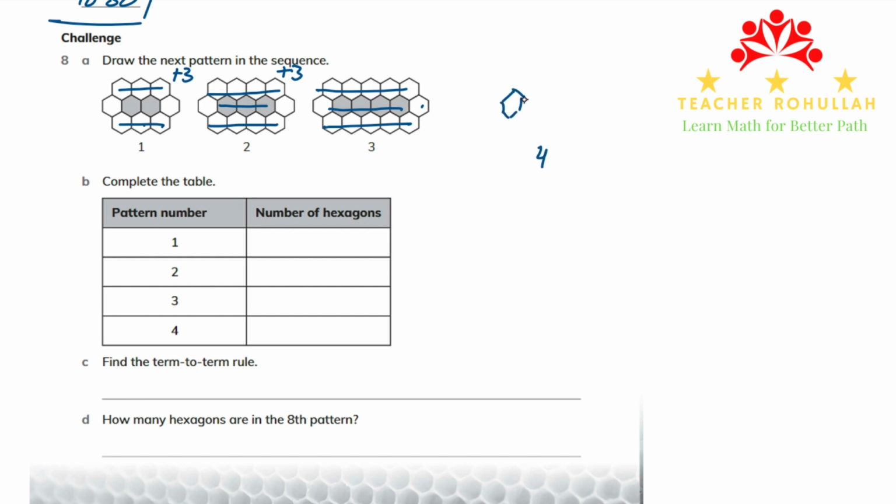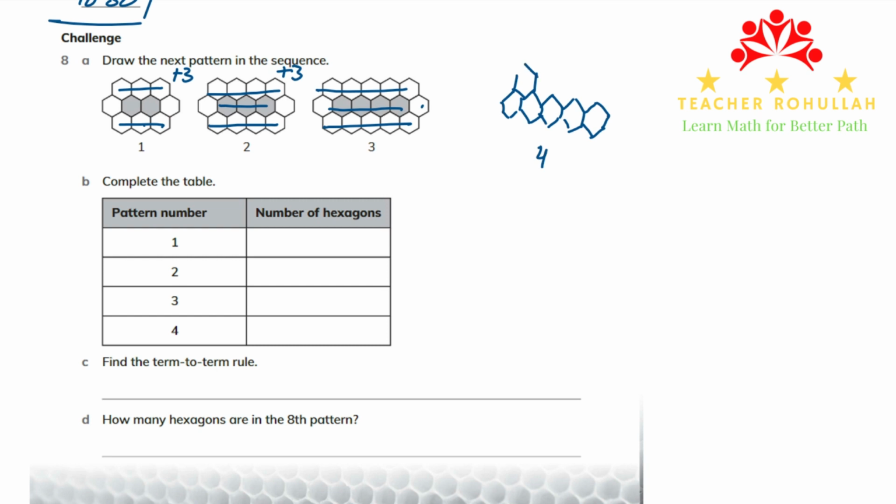Okay, 1, 2, 3, 4, 5. 5 hexagons in the center.